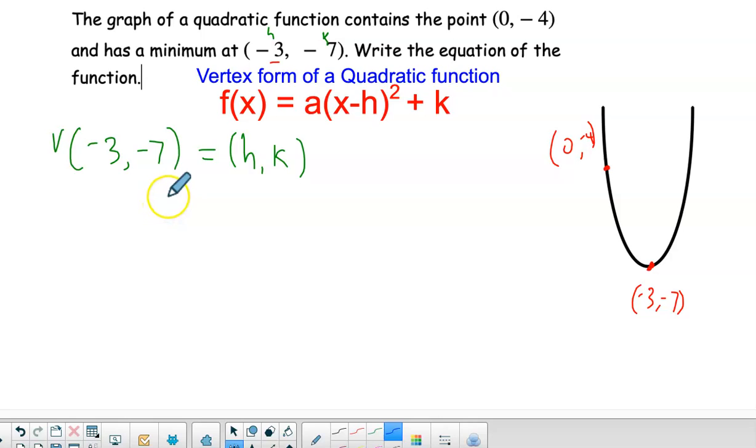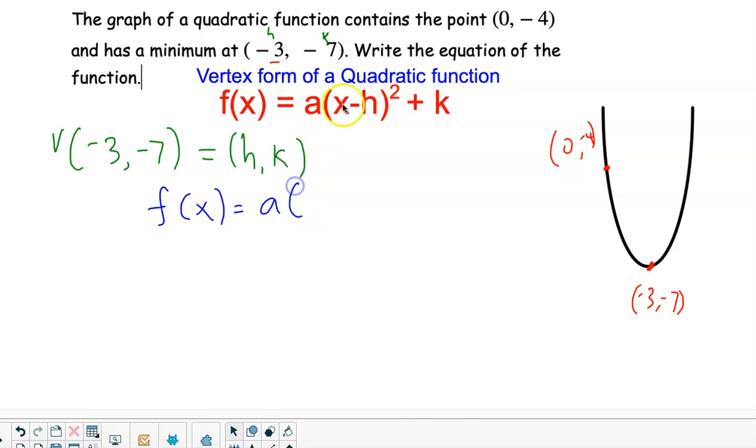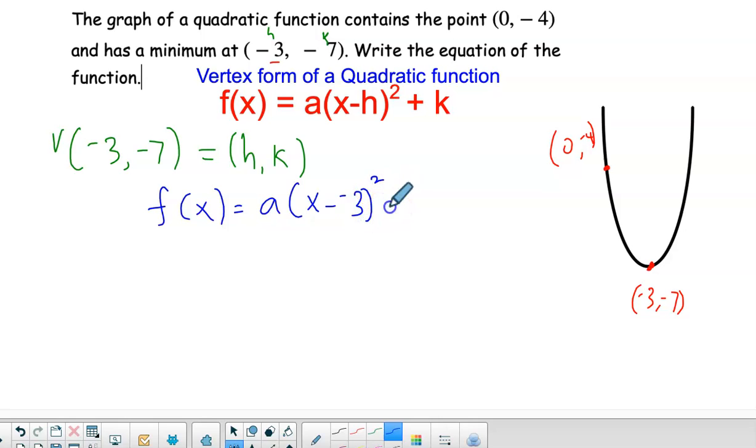It is f(x) = a(x - h)^2 + k, where h is equal to -3, and k is -7. This h is also the axis of symmetry, and k is the maximum or minimum value.